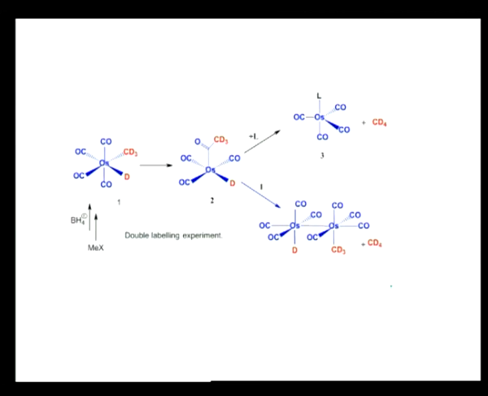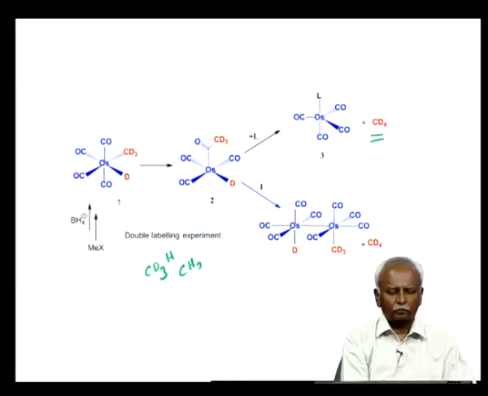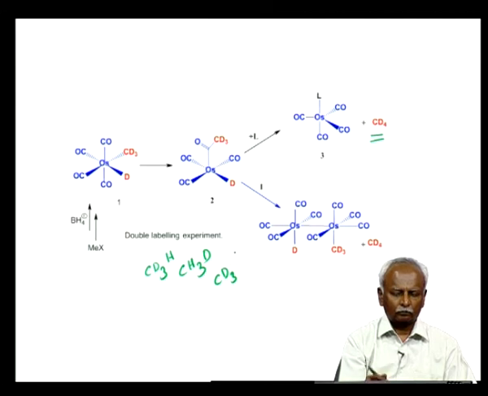So, these two were considered, both CD3D and CH3H species were mixed together, and if indeed only the mononuclear intermediate is formed, you would only have the possibility of CD4, but because you have both CD3H, CH3D, CD3D and CH3H.